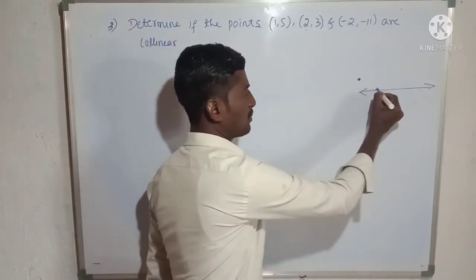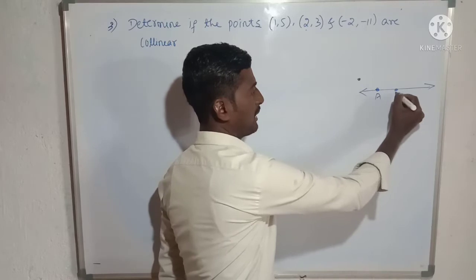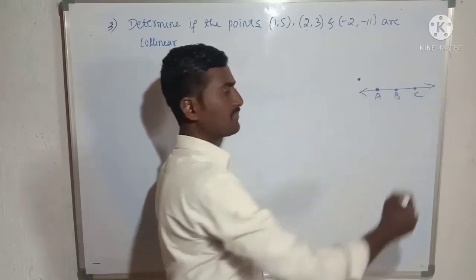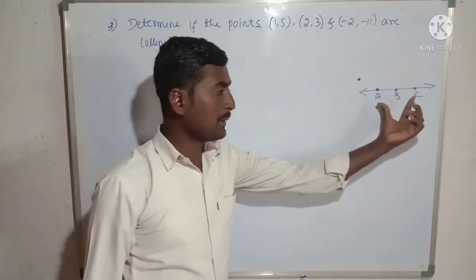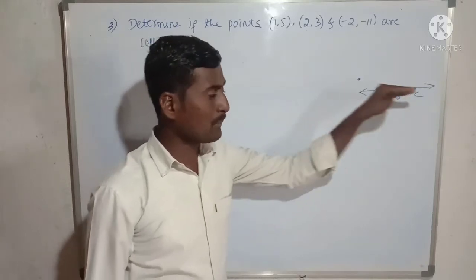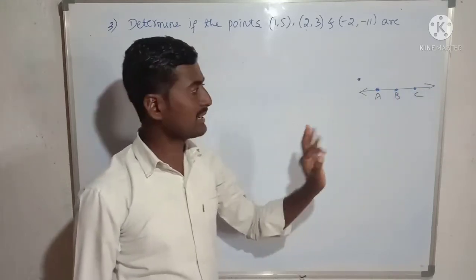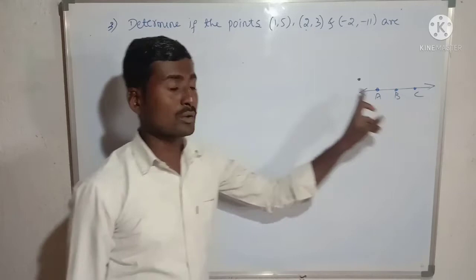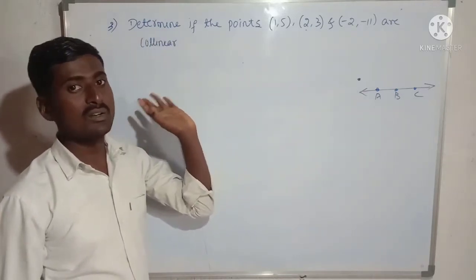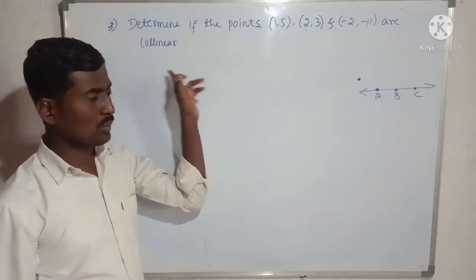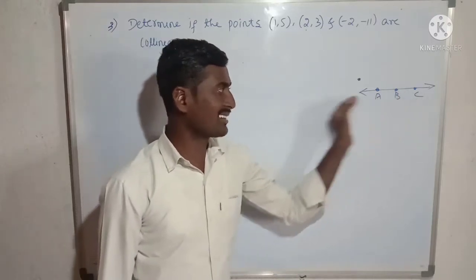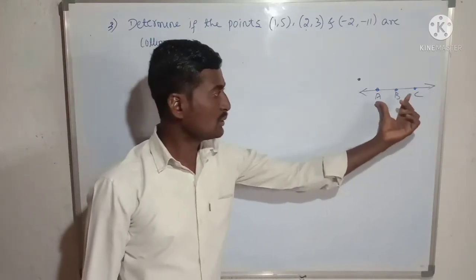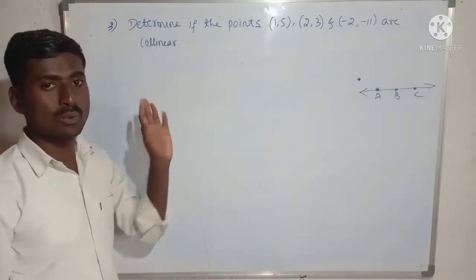Let us take this as point A, this as point B, and this as point C. If these 3 points are on the same line, then we can say that these 3 points are collinear. Collinear is nothing but if 3 points are on the same line, then those 3 points are called collinear points.